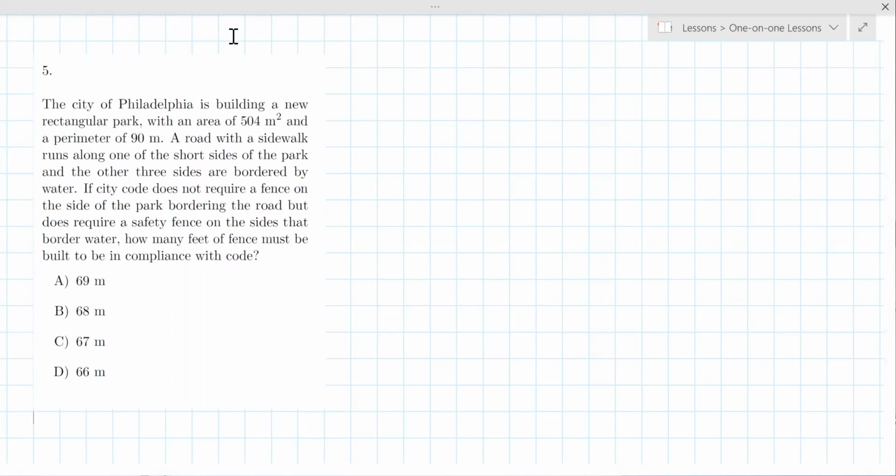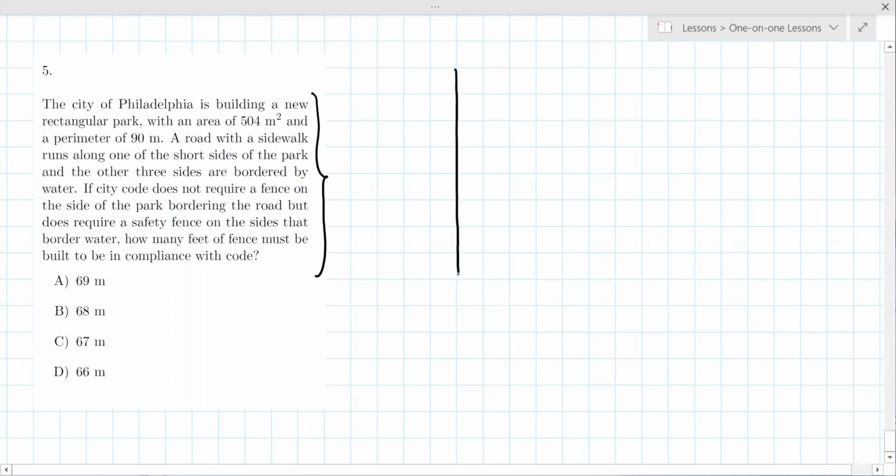So anything stick out in particular when you read through this prompt? Area and perimeter. Right, so what shape is it? A rectangle. Okay, and it specifically said that there's a sidewalk on the shorter side, so we can label it as such. And the other 3 sides are bordered by water.